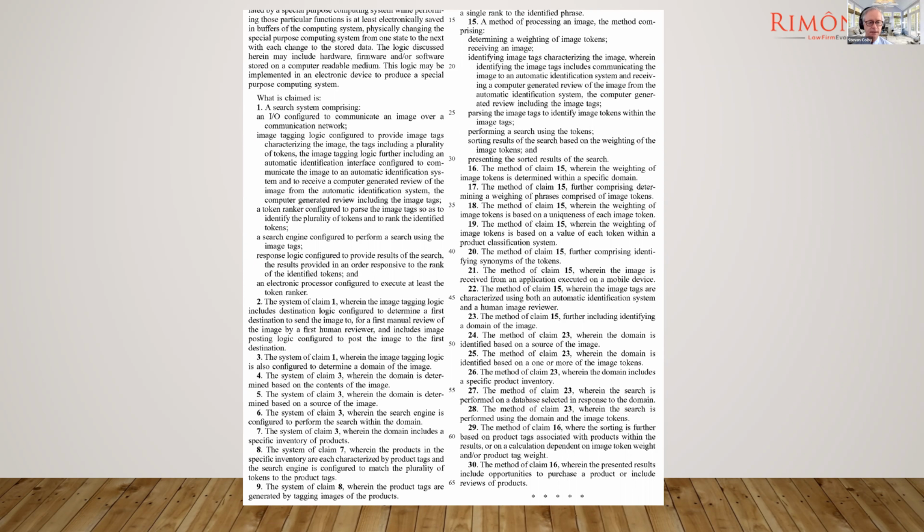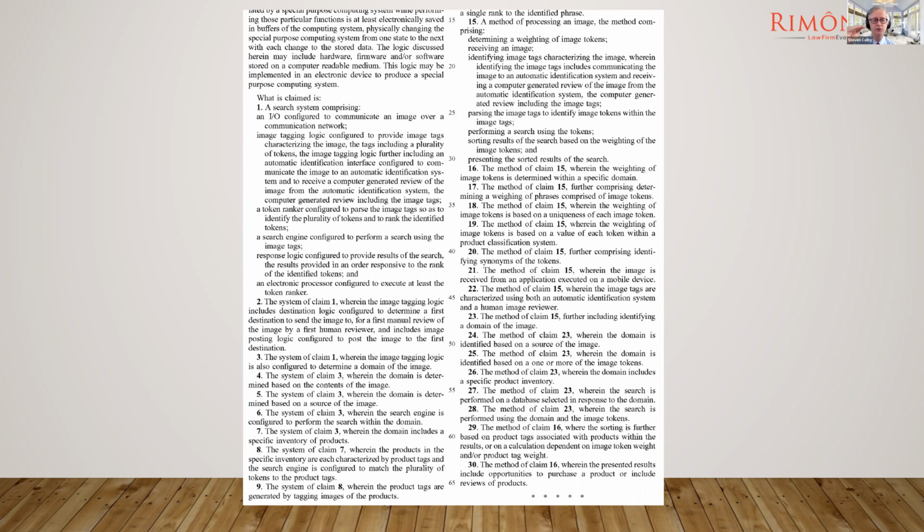The method has the steps of determining a weighting of image tokens, receiving an image, identifying image tags, parsing the image tags, performing a search using the tokens, and sorting the results. Okay, and again, I haven't looked at this in a while, but it's likely that producing a bunch of different tags and ranking them is what made this patentable.